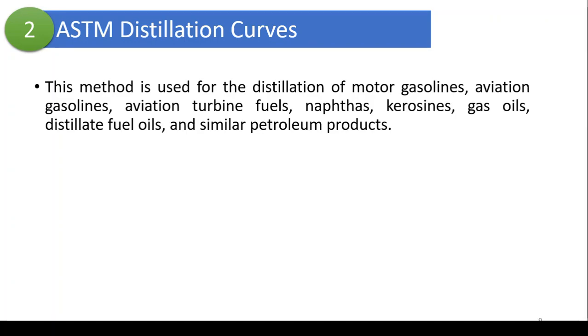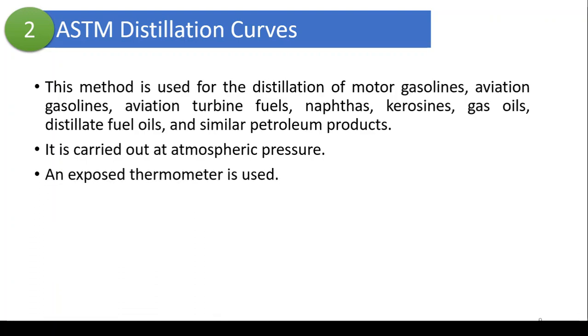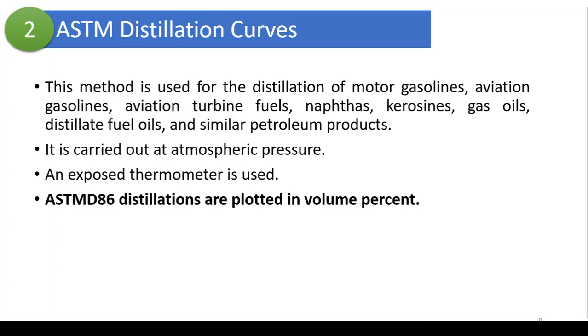Means all petroleum products can be used for finding out the ASTM distillation that is given here. And I have told you that it can be run at atmospheric pressure, and an exposed thermometer is used here, so we can find out the temperature also.